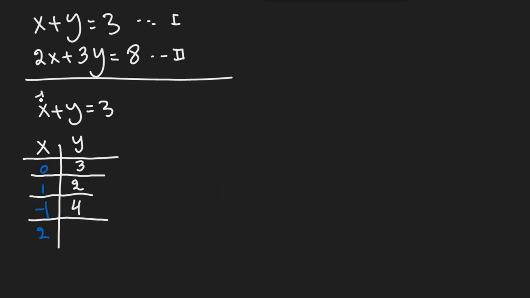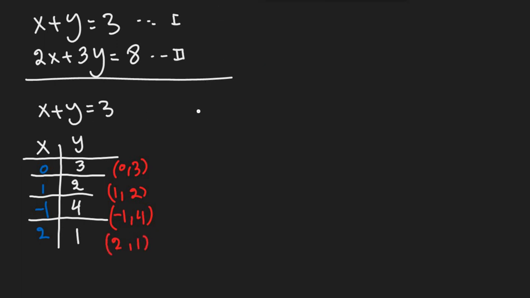If it's 2, then switching to the other side, it's minus 2. Minus 2 plus 3, it's 1. The first equation has the points: 0 and 3, 1 and 2, minus 1 and 4, 2 and 1.